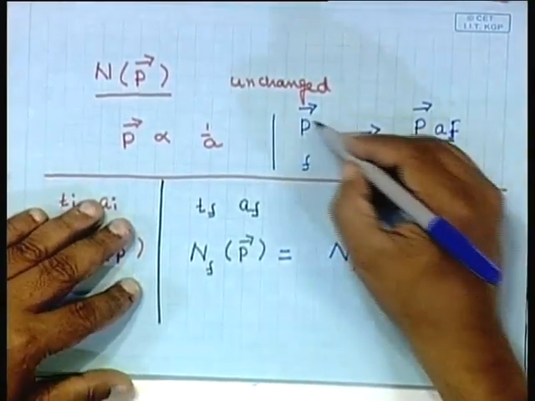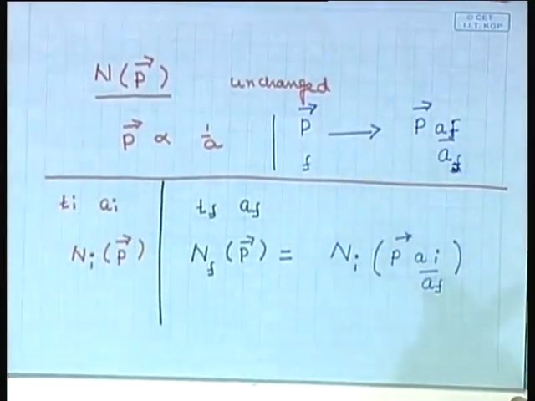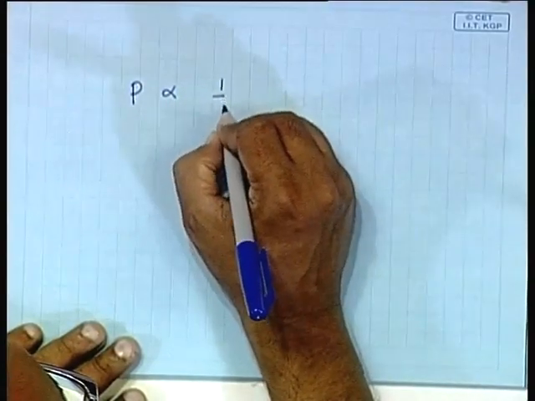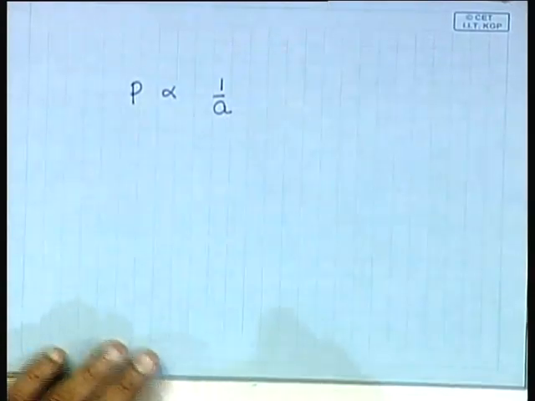Let us just get this clear. So the P scales inversely as A, right.